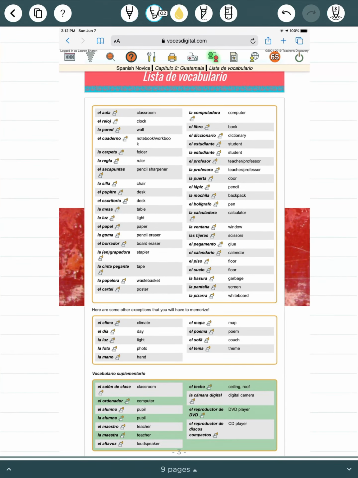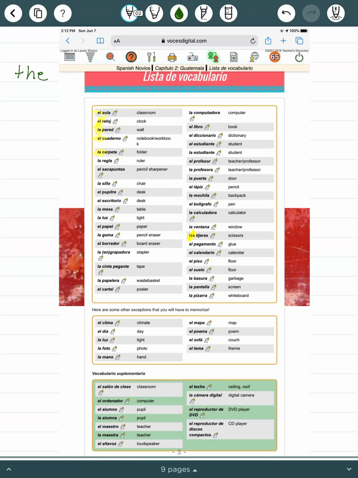So, if you will look at these words, they have el or la. I also see las in here, and those are something called definite articles. Indefinite articles, you'll be hearing more about that in this chapter, but basically they are the words for "the."